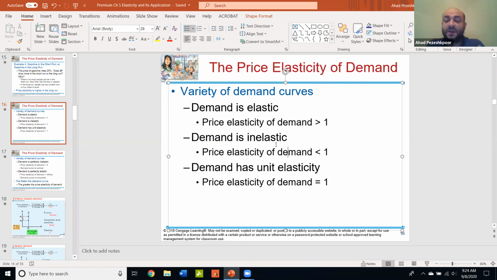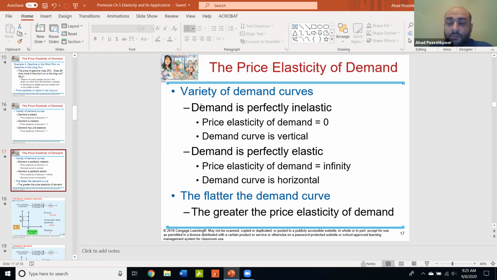So if prices change by 20%, the quantity demanded will change by a little, like 5%, because it's rigid, it's inelastic. And there is also a case where it has unit elasticity. It means that for every percentage change in price, we'll have the exact same percentage change in quantity.